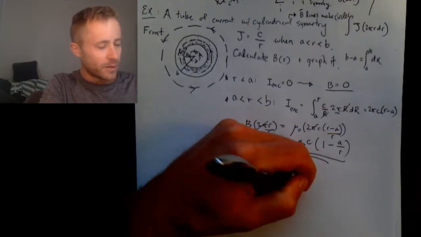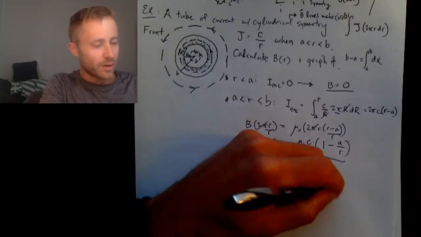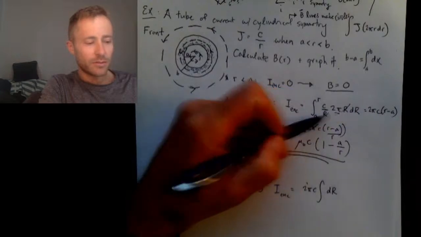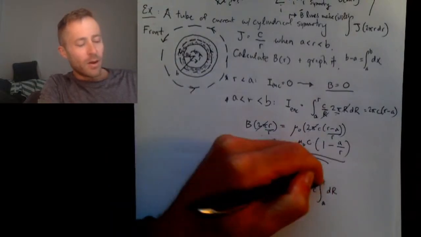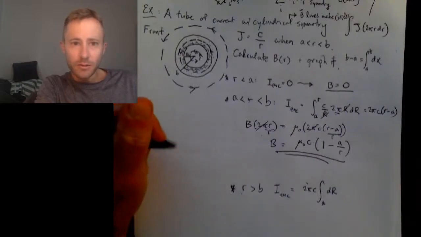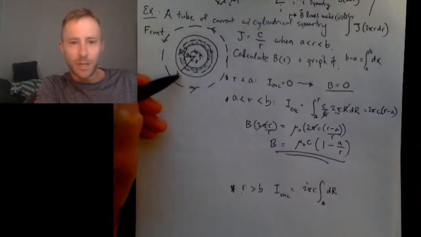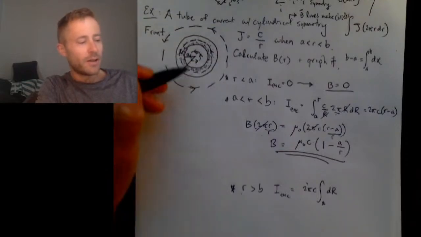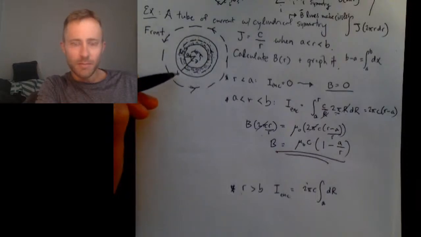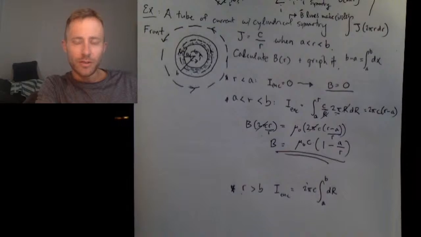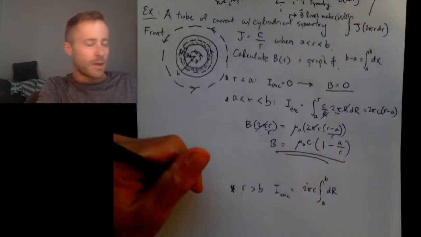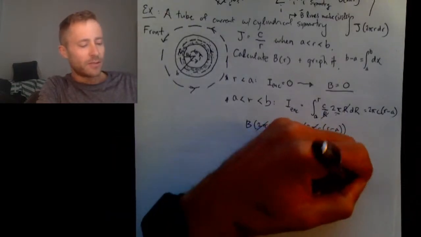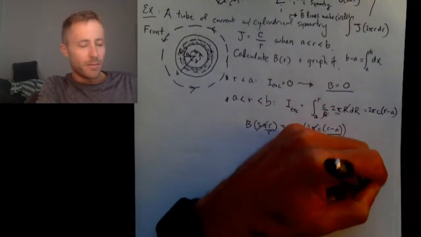So it's going to be 2 pi C times the integral of dr. Remember that r canceled out so that there is no variable that we're integrating. Our lower limit is a. Our upper limit can't be little r anymore. Why? Because the current stopped at radius b. So even though the Amperian loop is bigger than that, we can't go beyond b as our radius if we're adding up the total amount of current. Because the current stops right there at the outer edge of the tube. All right, so this is going to be 2 pi C times b minus a.